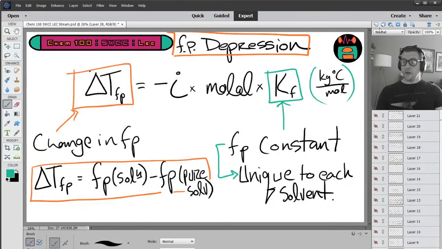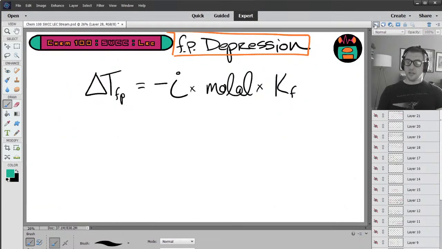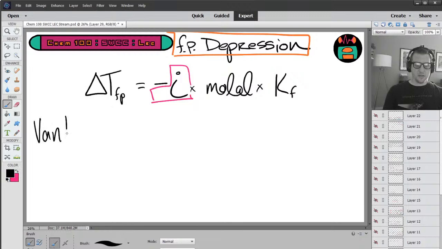So those are two of our four variables. Let's take a look at the other two. So this is something called the Vant-Hoff factor.